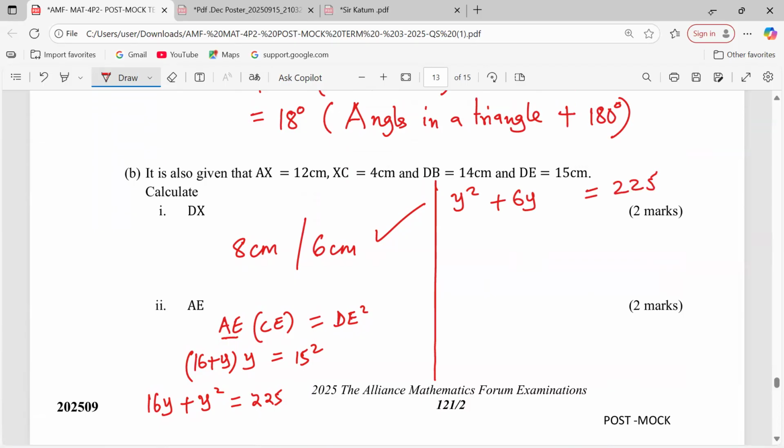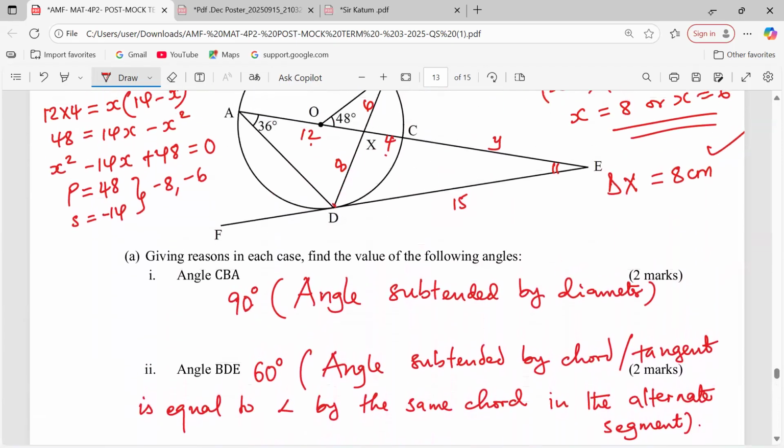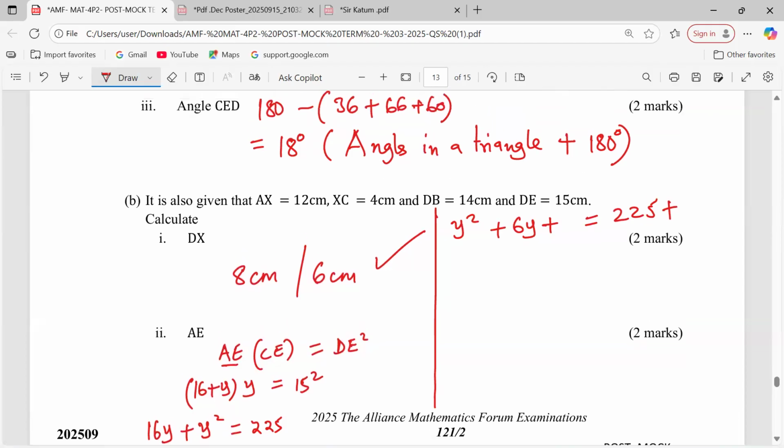I want to use a different approach. Instead of the factorization method that we've already worked, we can use the completing the square method. So we add a constant here, and we also add it on the other side, a constant such that the left-hand side becomes a perfect square. How do you make an expression a perfect square? The constant is given by b over 2 squared.